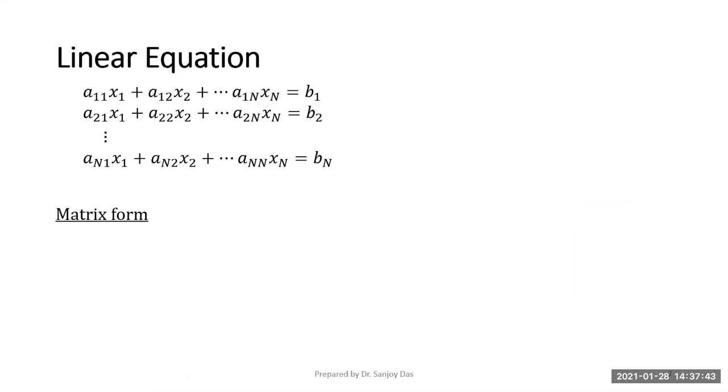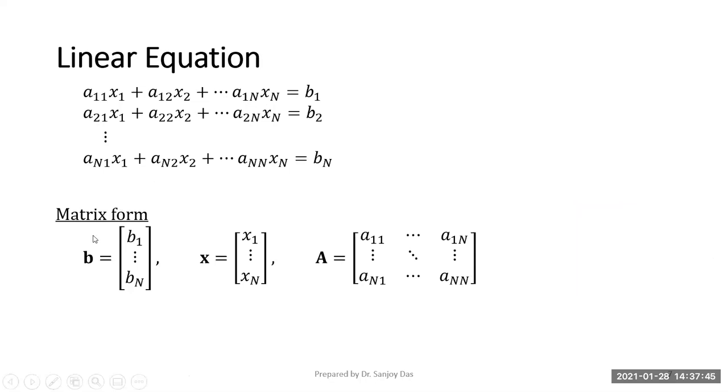Now, in matrix form, we let the vector b be equal to b1, b2, all the way until bn, and vector variable x be x1, x2 until xn, and then this square matrix A be the matrix whose entries are these coefficients, A11, A12 until A1n, all the way to An1.